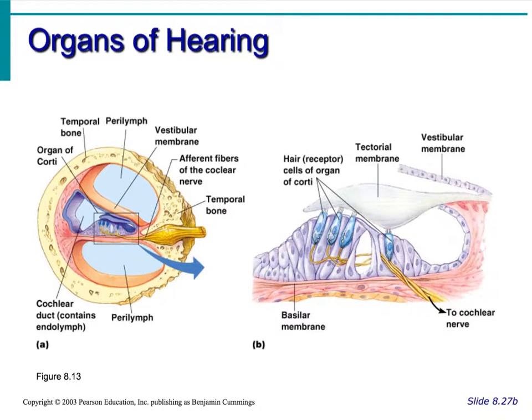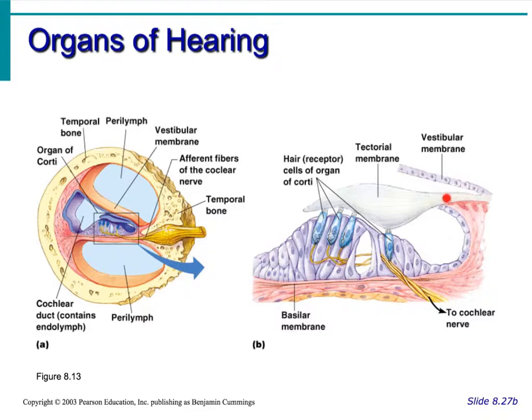Okay, here are the pictures you needed. While you're labeling, I will point out the different structures. Here's the vestibular membranes filled with perilymph. They're just fluid that help carry that vibration. Here in the middle is this other membrane. This is your organ of Corti, your hearing. This over here is a blow-up of it.